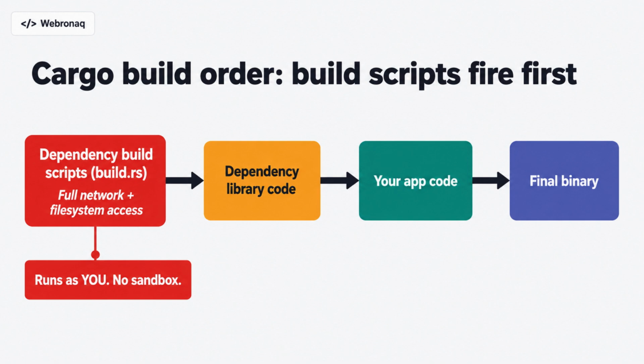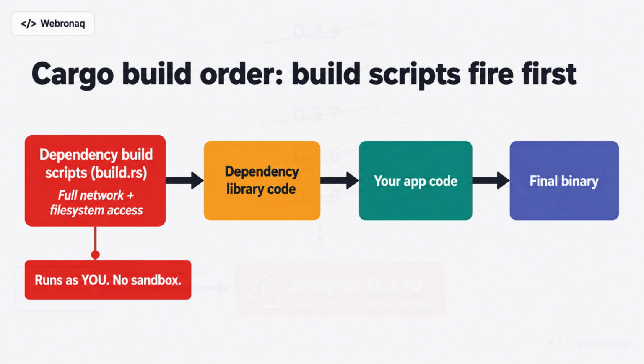Those scripts run with your full user permissions. They can read your files, write to disk, and make network requests. There is no sandbox, no firewall, no prompt asking you to confirm. It is like hiring a contractor to renovate your house and handing them your master key before you have even met them. Next, let us see the clever trick the attacker used to make sure developers actually pulled the poisoned version.